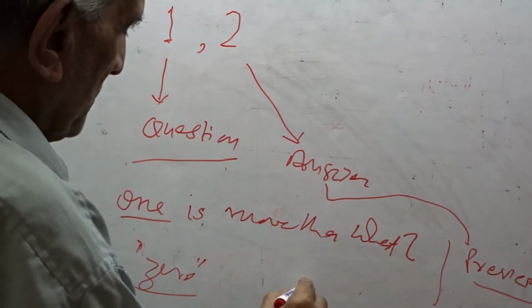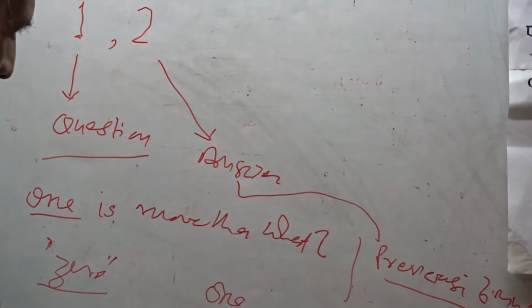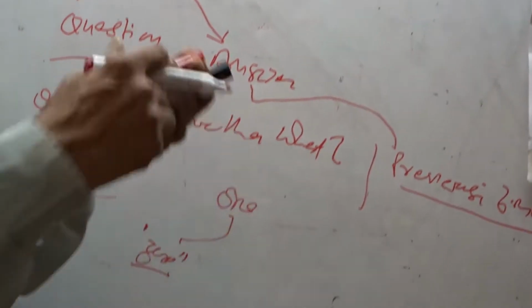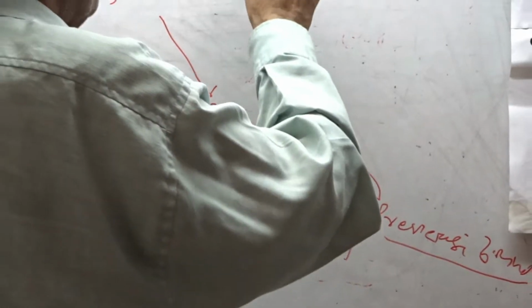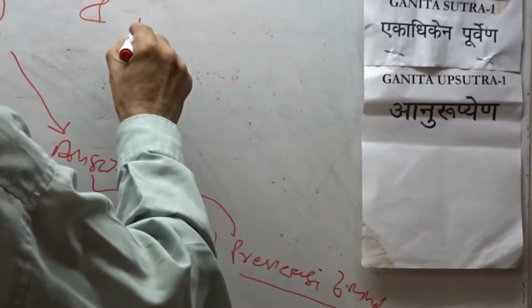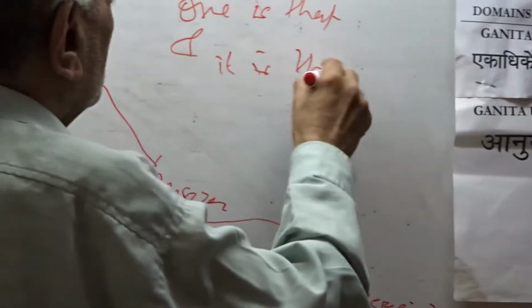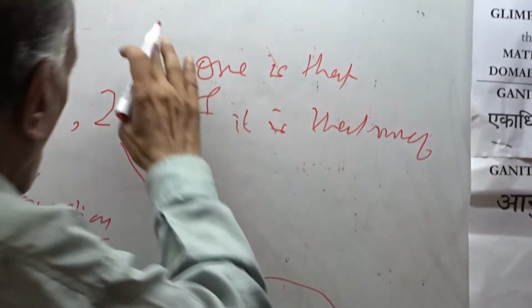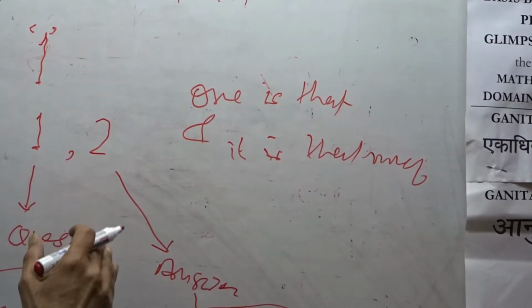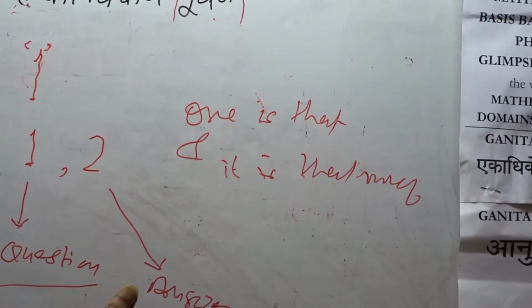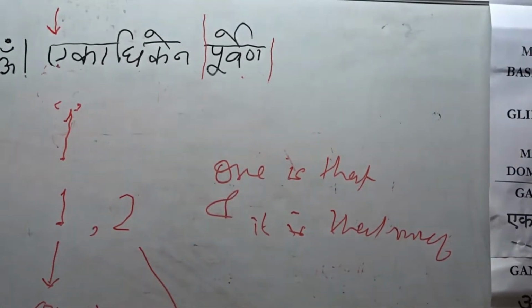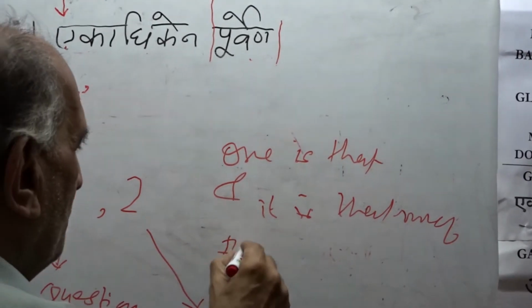So 1 is more than 0. 1 is that, and it is that much. How much is more than? 1 more than. How much? 1 is that, and it is more than what? How much? The previous bound is 0, so it gives a definition of a 1.